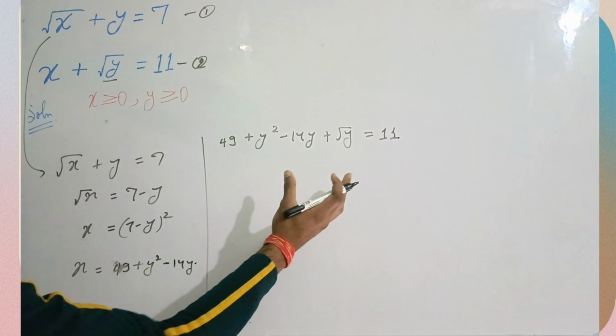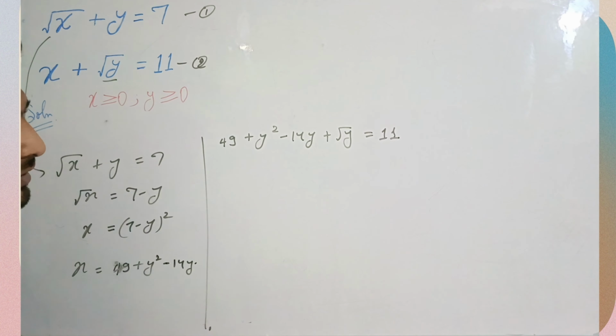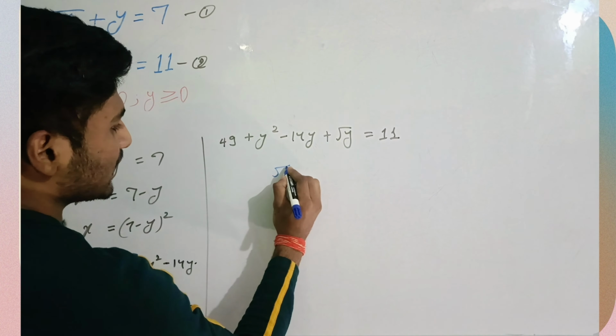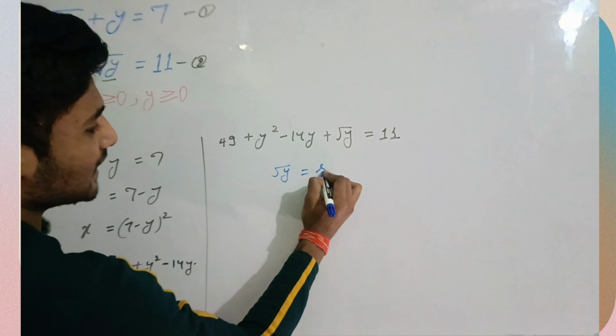Now for the simplification, we assume the value of root y as any other variable. Let's assume it as r.